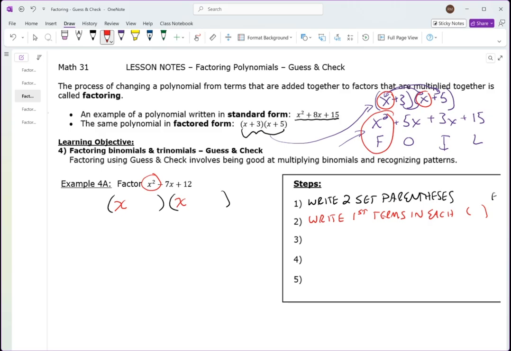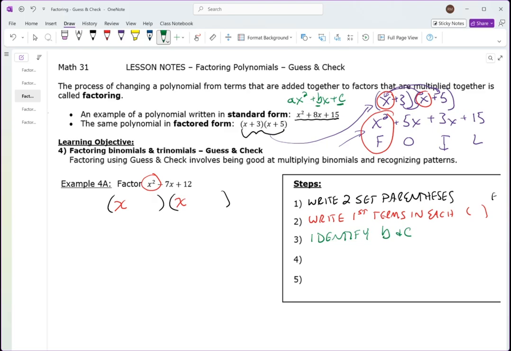Next, what I like to do is identify what B and C are. When we write something in standard form, the B value is in front of the x and the C value is all by itself.